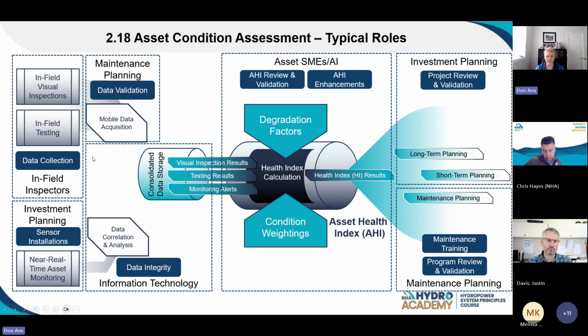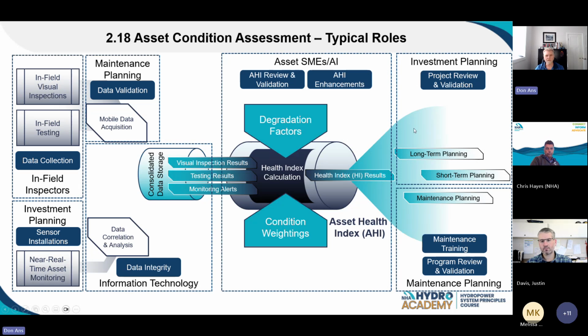The work is defined by planners. If there's sensor installations required, that's typically done by investment planners. So asset management would have said that you need to put in these sensors to give us the data, and then it would have turned into a project. IT, of course, does all the fun stuff of pulling all the information together.